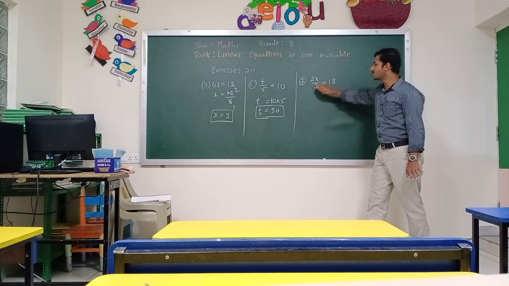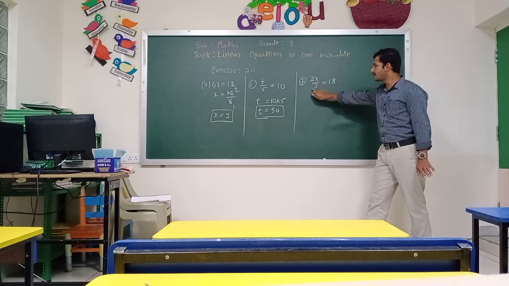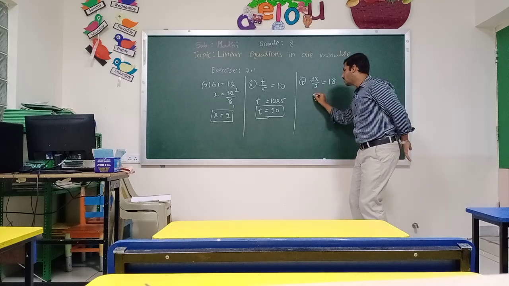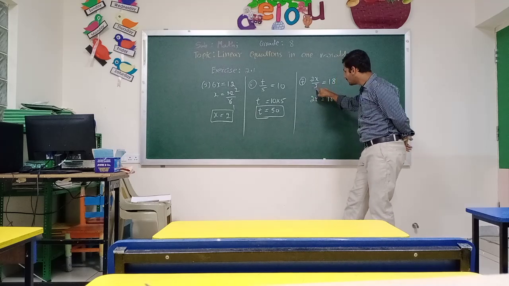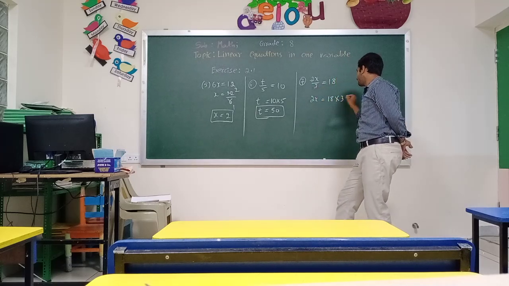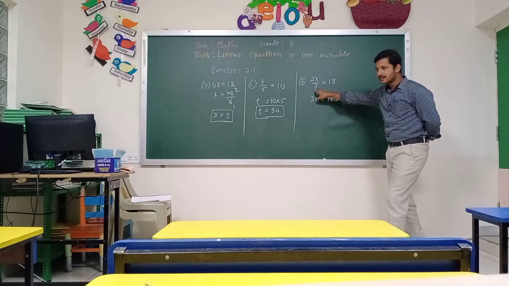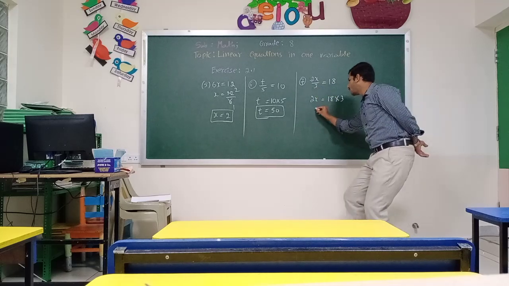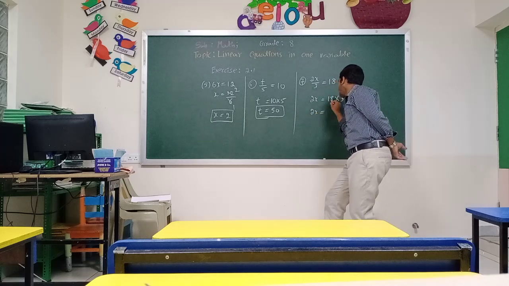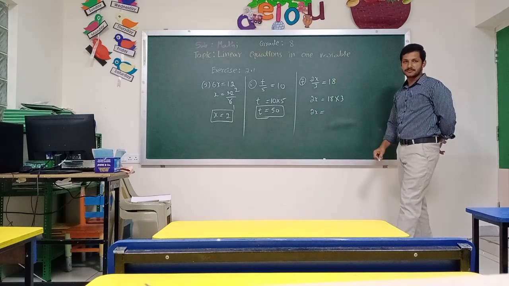When you transfer 3 to the other side, division becomes multiplication. So 2x equal to 18 into 3. Therefore 2x equal to 18 threes are how much?